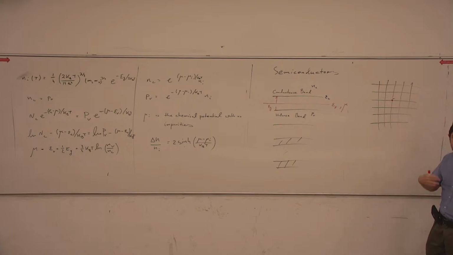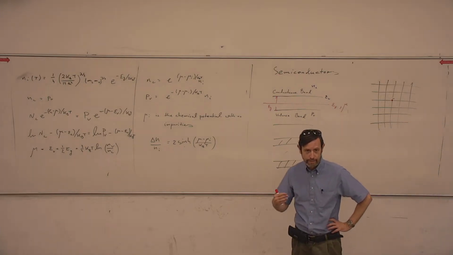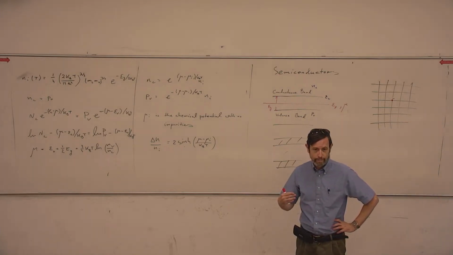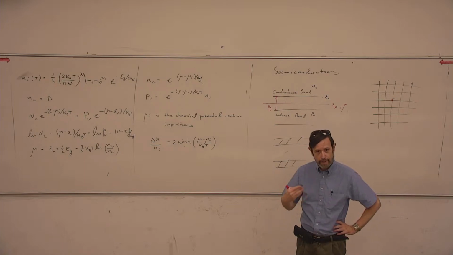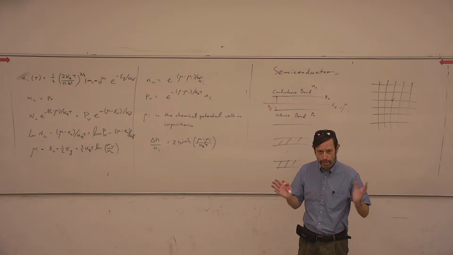How do I put in a simple way that fact? A different potential. Yes, but how do I write the different potential? In the simplest classical way. The potential is still a Coulomb potential. And different mass, that's the second thing.